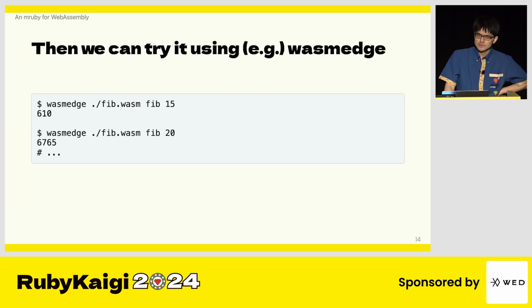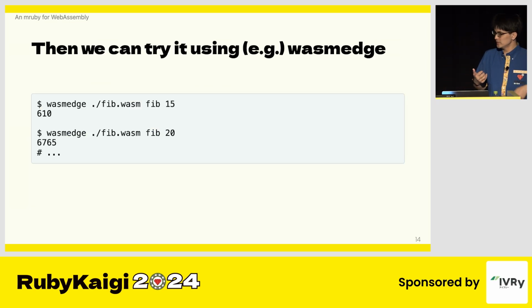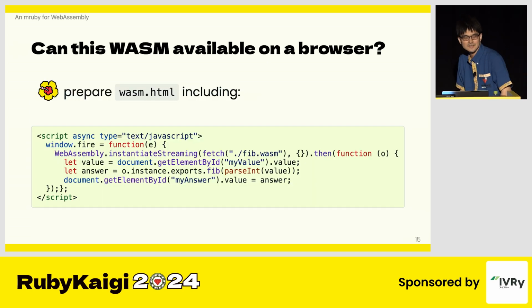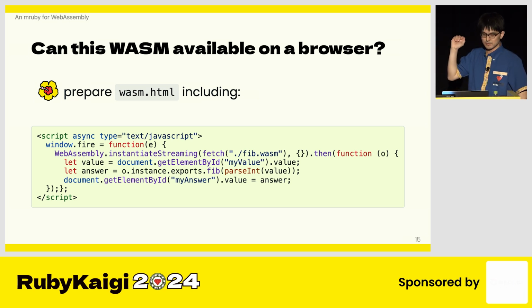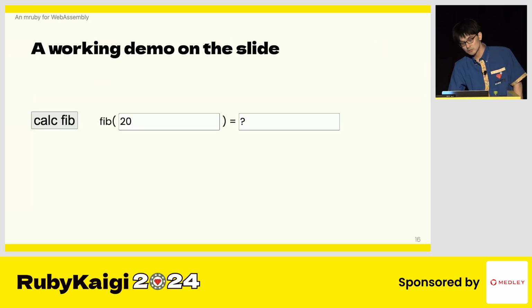So I think you doubt: can this WASM file run on a browser? The answer is yes. You also have to prepare this kind of WASM HTML, including this WebAssembly JavaScript code.